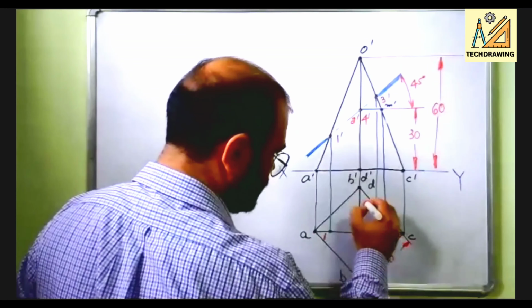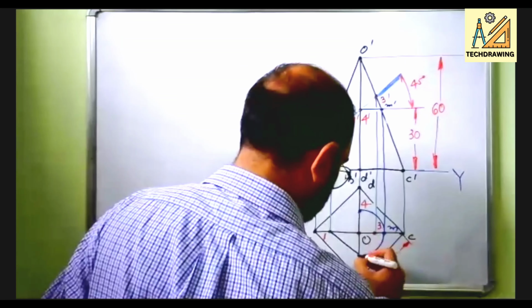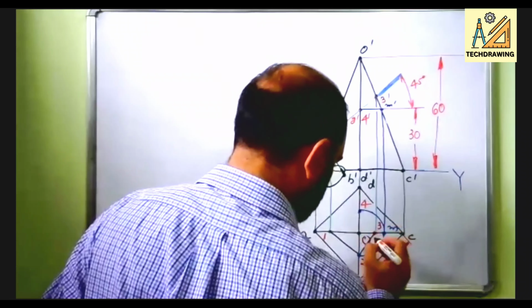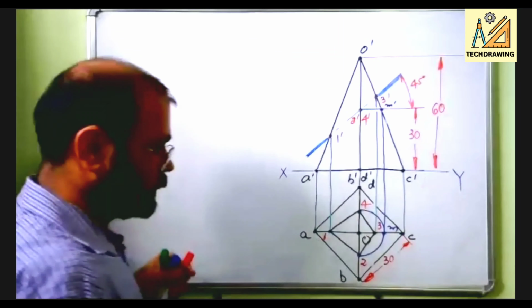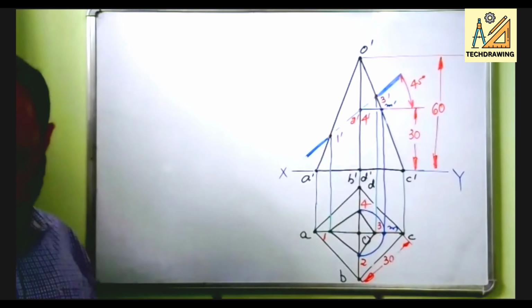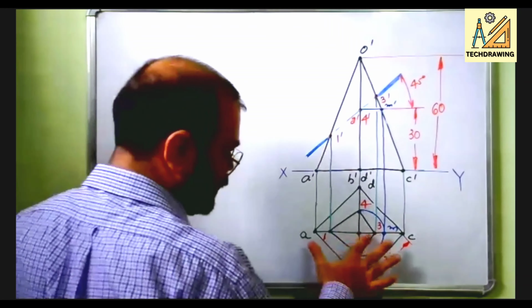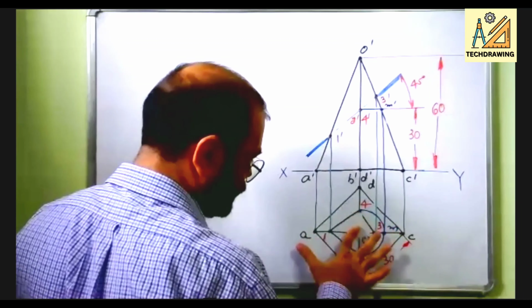So join 1, 2, 3, 4, and you can erase whatever is there in between.